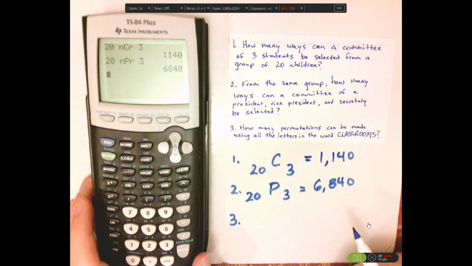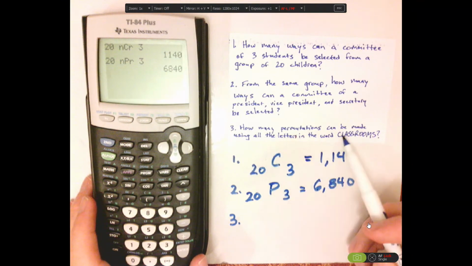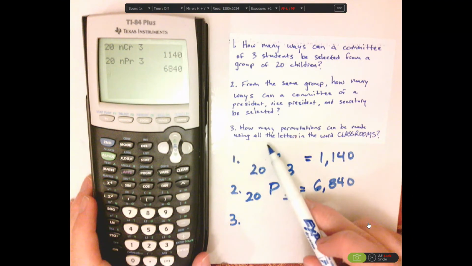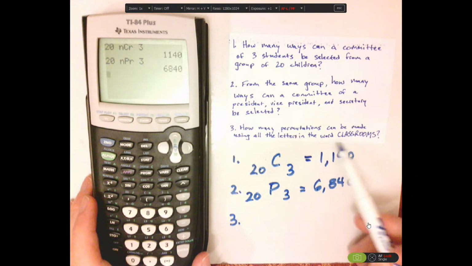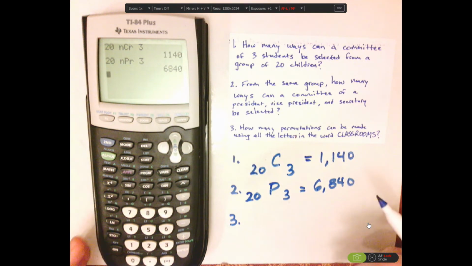All right, let's look at our last question. How many permutations can be made using all the letters in the word classrooms? Well, with this, it's going to be permutations because you're changing the order, so order matters here, but using all the letters.